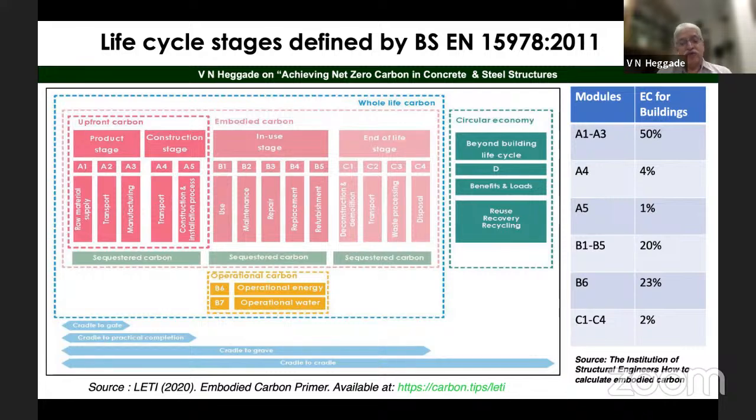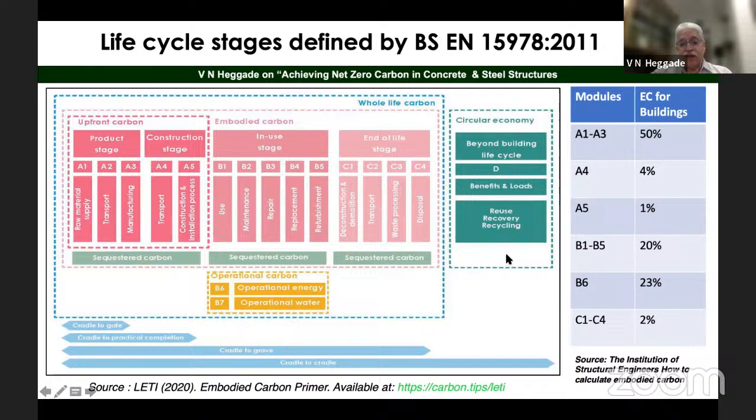Using the cement, the concrete is produced and poured into the molds, and all this is called the construction. Here also, the emission of carbon dioxide takes place. That is called the cradle to completion. After the in-use stage, up to the end of the structure, it is called the cradle to grave.